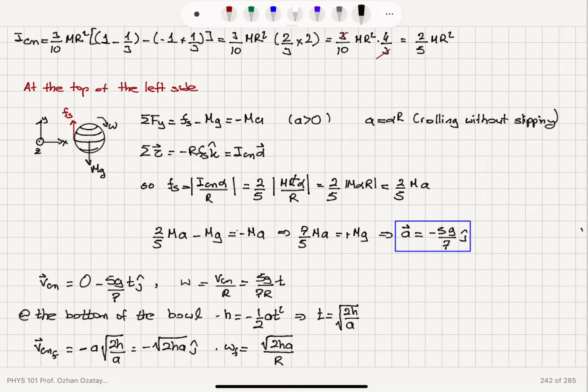That's the magnitude of the final angular speed. And substituting for a 5g over 7, we can see that the final center of mass speed will be square root of 10gh over 7, and final angular speed will be 1 over r square root of 10gh divided by 7.